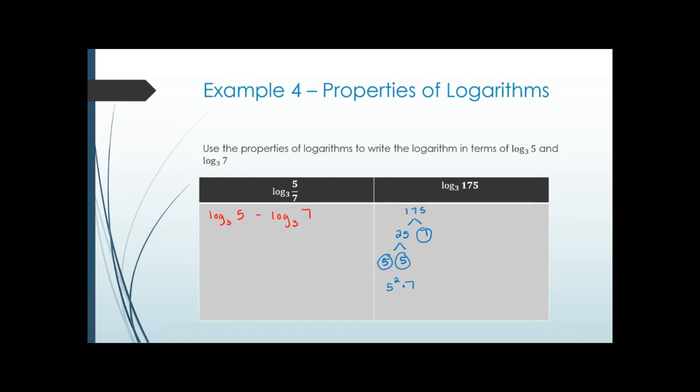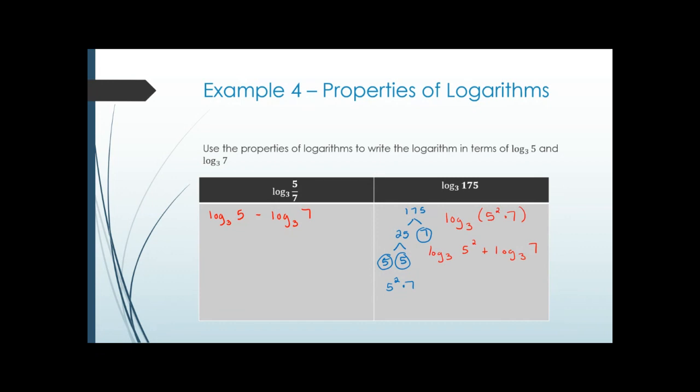So going back to our original problem, instead of log base 3 of 175, we have log base 3 of 5 squared times 7. Now I have multiplication in there, 5 squared times 7. Multiplication, you turn it into addition. So this is log base 3 of 5 squared plus log base 3 of 7. Now I need to use the property. I have an exponent, and when we're simplifying or trying to rewrite these, we don't want to have exponents there.